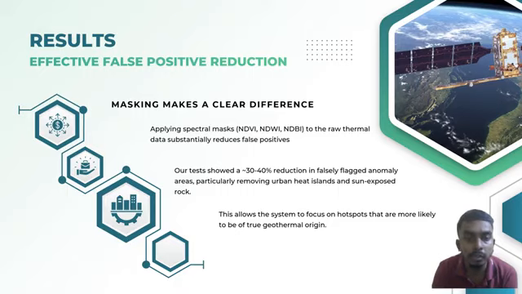Our test showed a 30 to 40% reduction in falsely flagged anomaly area, a huge improvement. This means the system can now focus on hotspots that are much more likely to be truly geothermal in nature, saving time and money in the follow-up investigation.